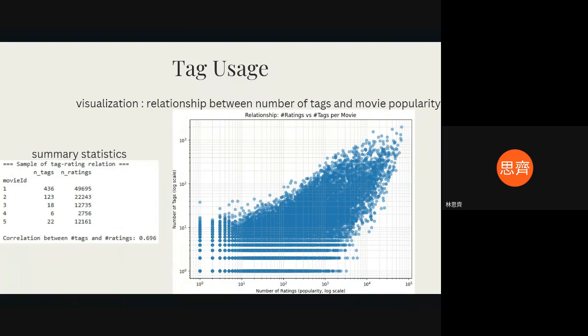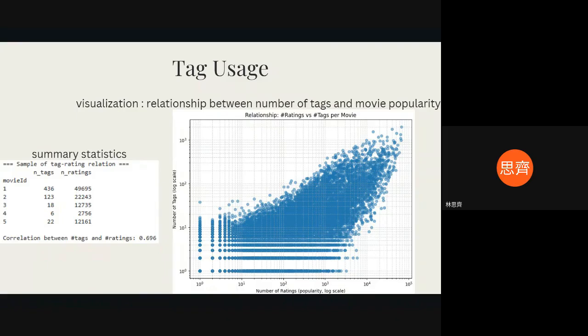As we can see, the correlation here is 0.9696. But this trend shows strong long tail effects. Most movies have very few ratings and tags, while a small number of popular movies accumulate many tags.